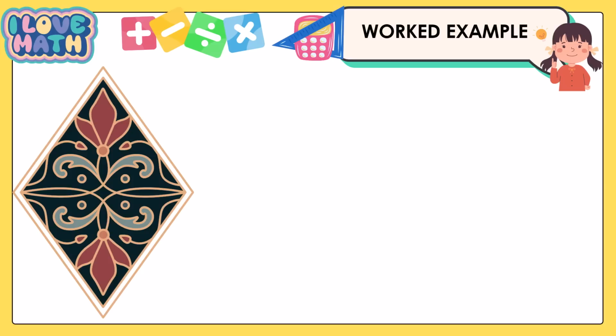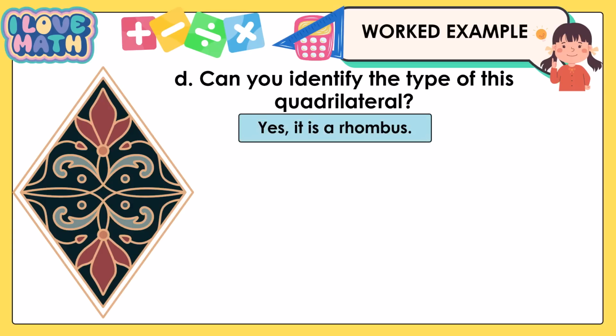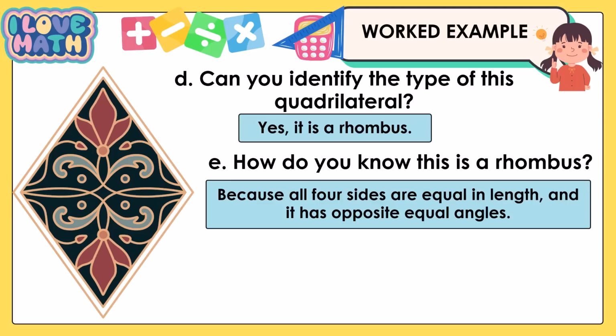Let's look at another picture. Can you identify the type of this quadrilateral? The answer: yes, it is a rhombus. How do you know this is a rhombus? The answer: because all four sides are equal in length and it has opposite equal angles.